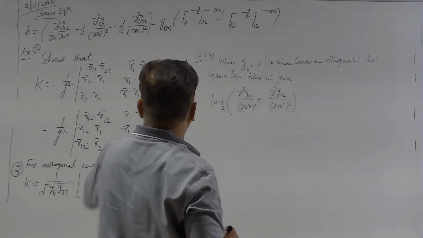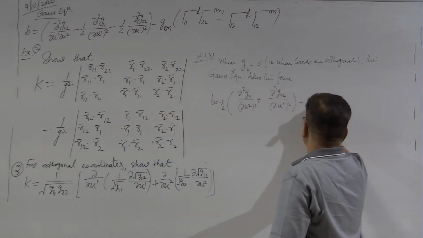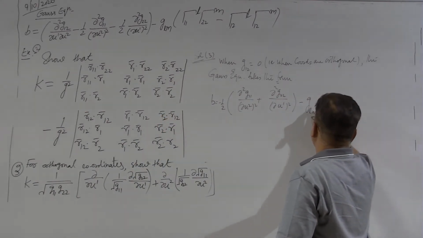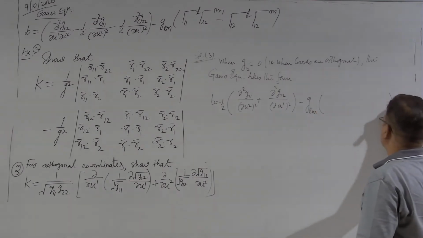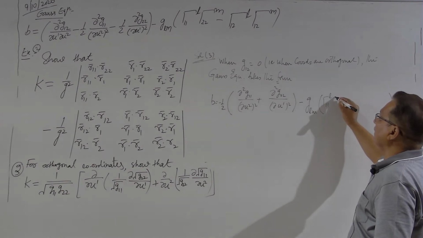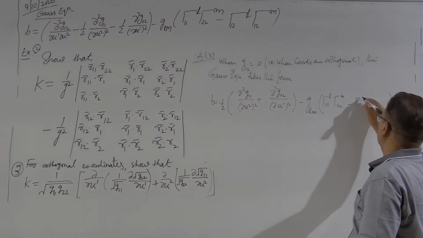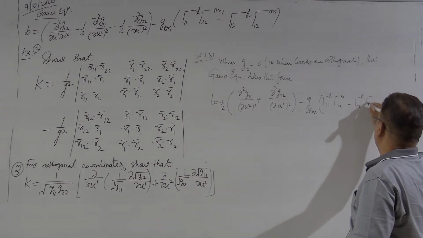Then you have these quantities minus G^LM into these Christoffel symbols, Γ^L_11 Γ^M_22 minus Γ^L_12 Γ^M_12.